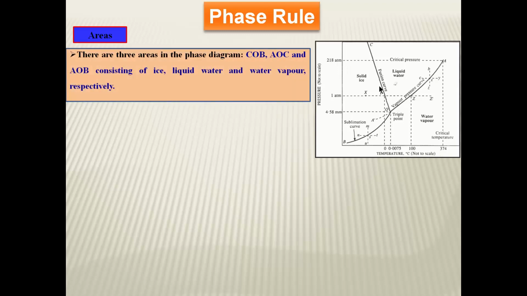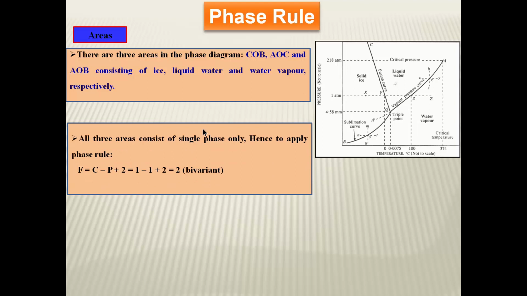Now there are three areas in the phase diagram, as you can see clearly: COB, AOC and AOB, consisting of ice, liquid water and water vapor respectively. All the three areas consist of a single phase. In this area COB, only ice is present. In this area AOC, liquid water is present. In area AOB, water vapor is present.